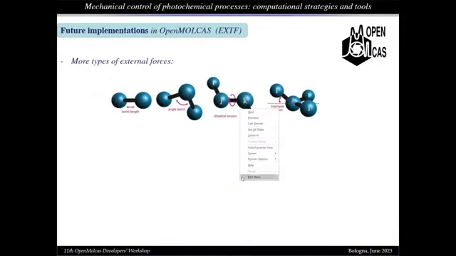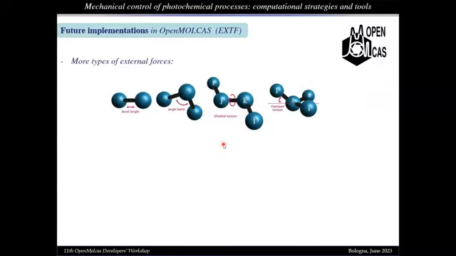Okay, so the idea is to implement a few additional utilities in the EXTF module. So the first is to be able to define different external forces, not only force pairs, but forces involving angles between 3 atoms, torsions and improper torsions.